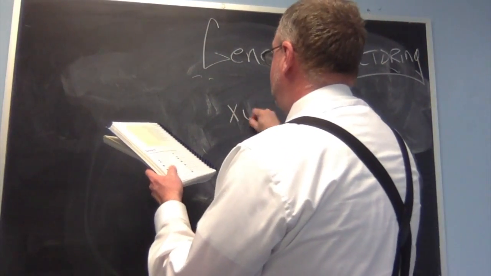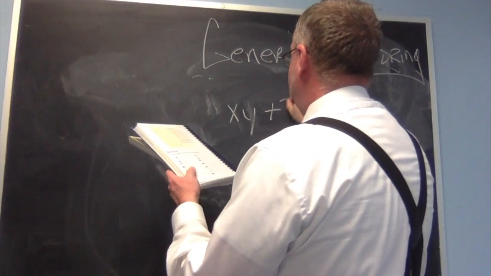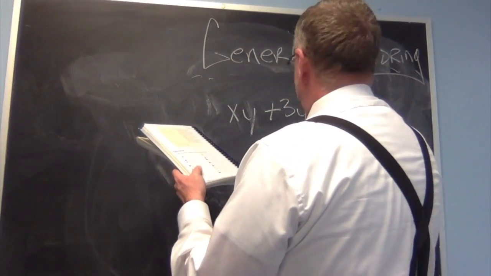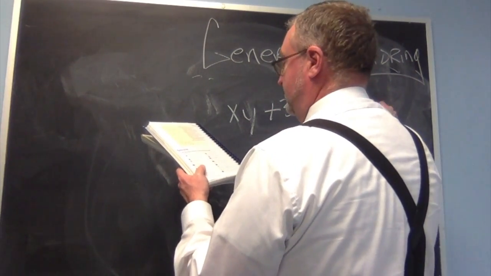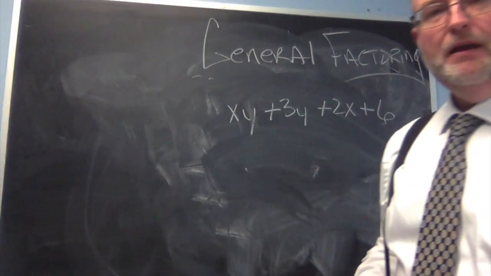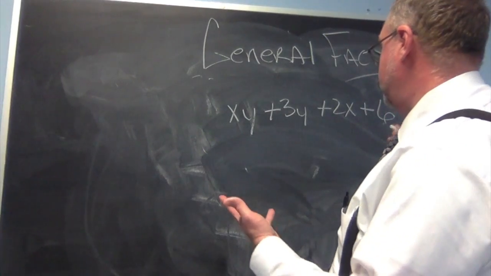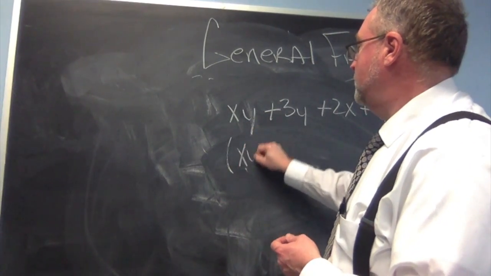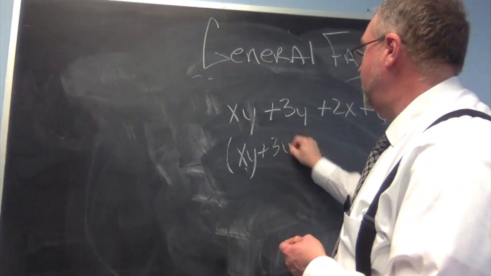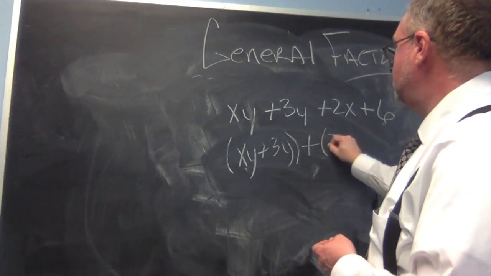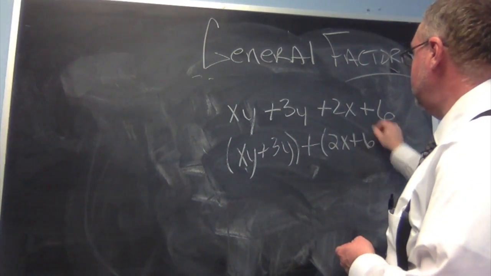13 says xy plus 3y plus 2x plus 6. All right? So in this case, I can't factor anything out. So I have an xy plus 3y plus 2x plus 6.